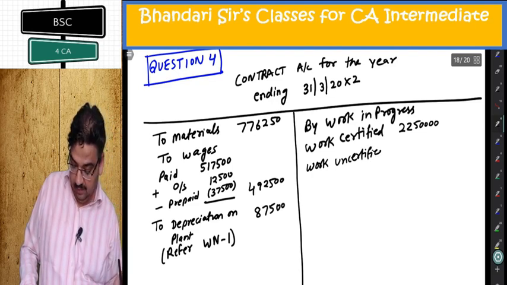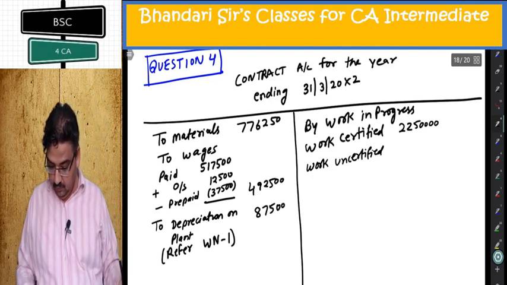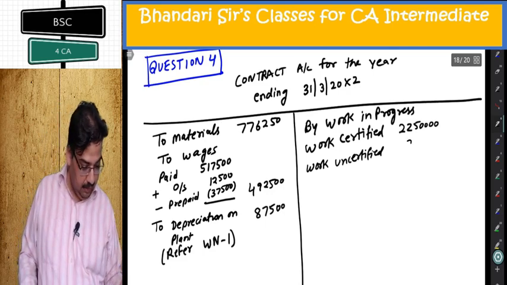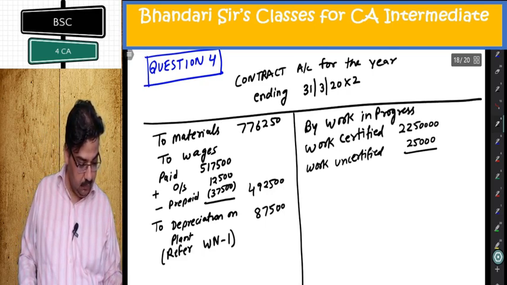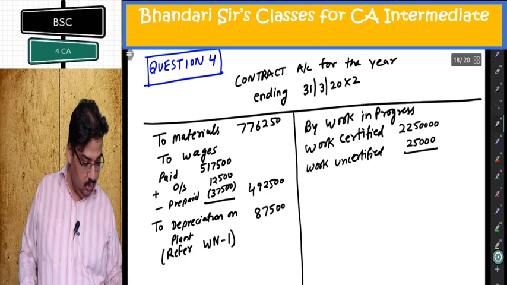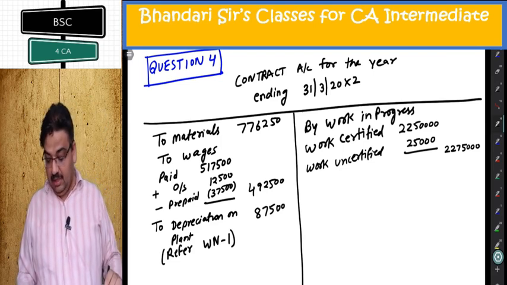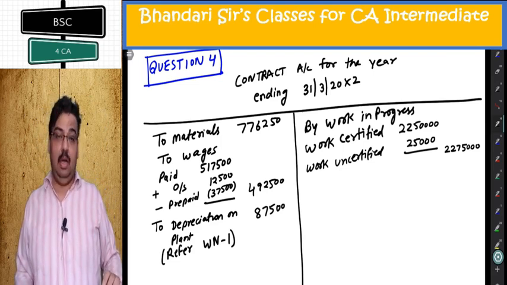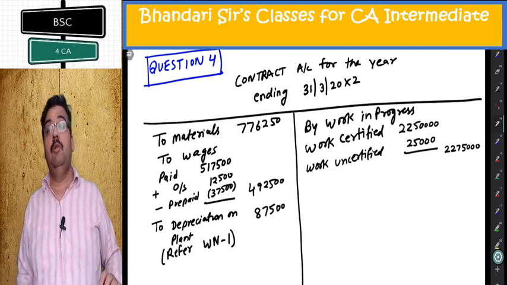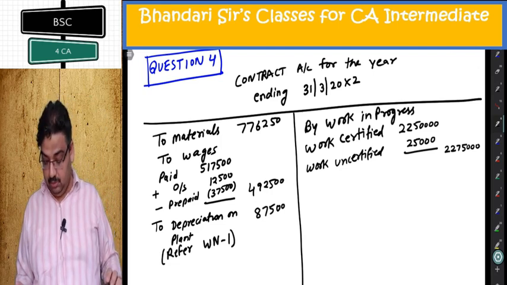Work uncertified, it is given there 25,000. So it becomes 22,75,000. Outer column WIP. Cash received never comes in the contract account. It is used in formulas only when you compute the progress payment ratios.